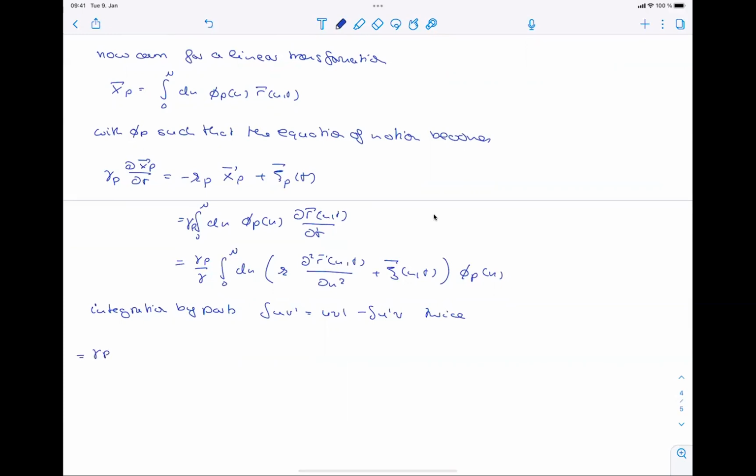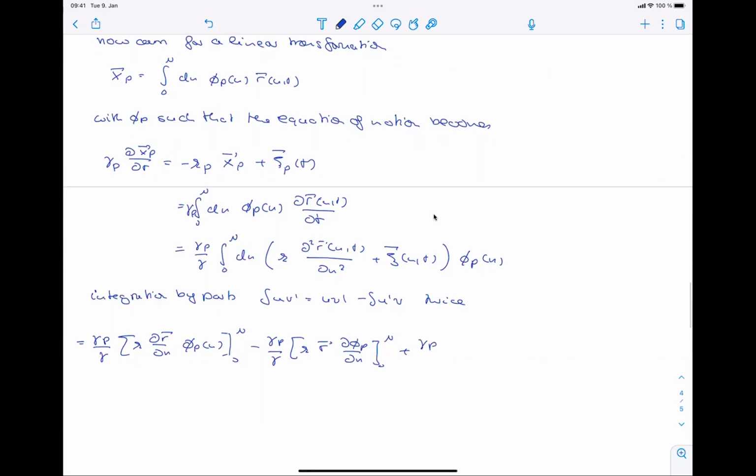From the first integral, we get kappa dR/dn phi_p(n) at 0 and N. And from the second, that's where the minus comes from, we get kappa R and now d phi_p/dn, again at the boundaries, and gamma_p over gamma dn, and now we have kappa R with the derivatives moved to phi, plus the noise.